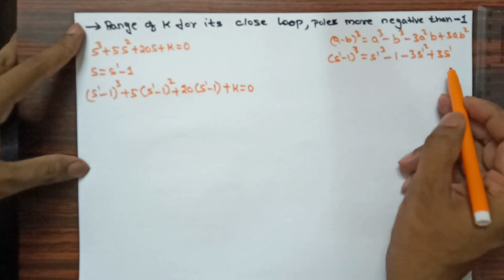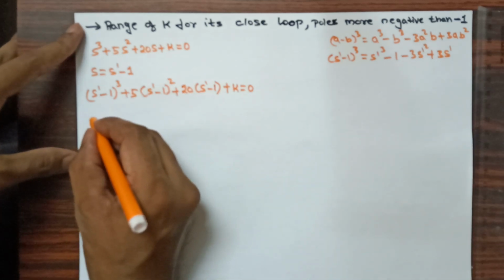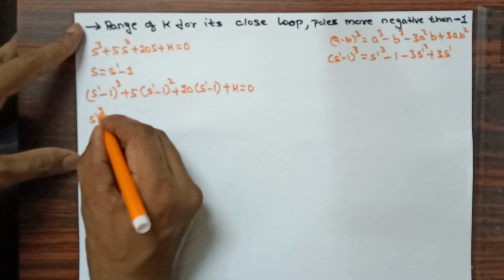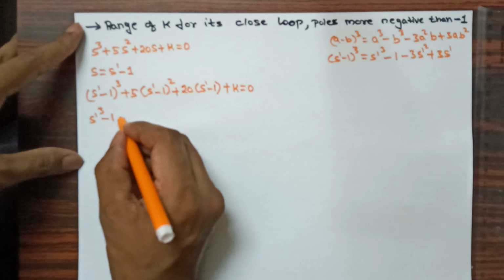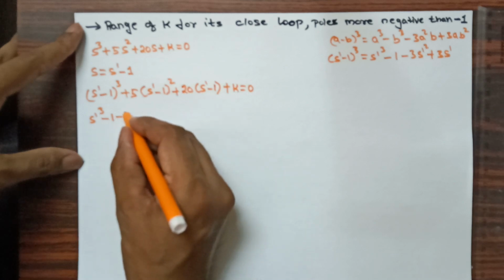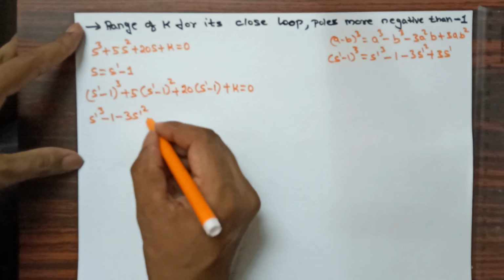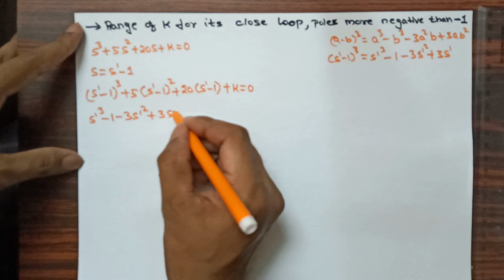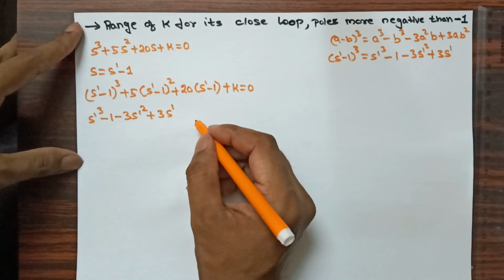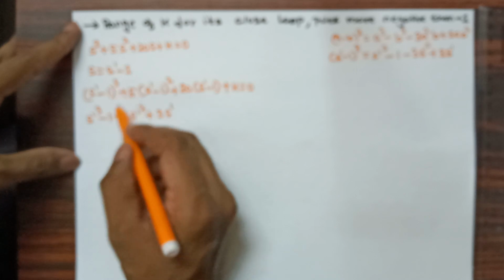Now this value I am going to substitute here: s dash to the power of 3 minus 1 minus 3 s dash to the power of 2 plus 3 s dash. Now this is the value for (s dash minus 1) whole to the power of 3.